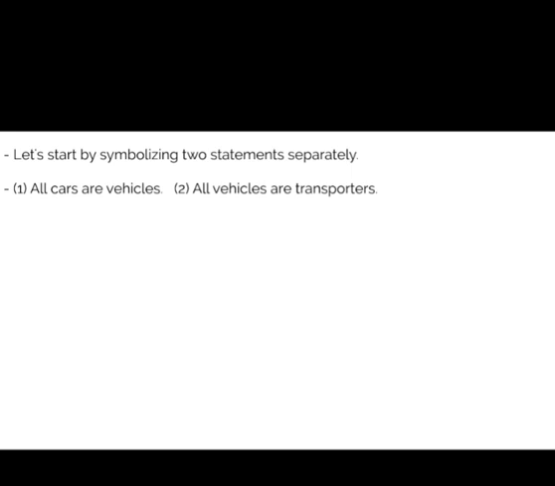Notice that there is a term that's the same in both of them, right? Vehicles. So in statement number 1, the predicate term is vehicles. And in statement number 2, the subject term is vehicles. And this is another feature of categorical arguments, is that they do not work if there are more than 3 terms in there, right?